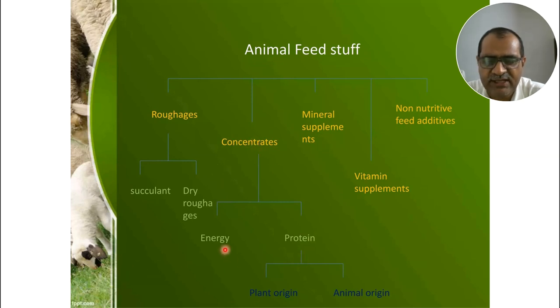Coming to energy, yesterday we saw what the sources of energy are. The protein may be plant protein or animal protein. Animal proteins are not commonly used in cattle feed, except for beef cattle. In the Indian scenario, animal origin feeds, for example fish meal or blood meal, are not commonly used in the preparation of cattle feed.